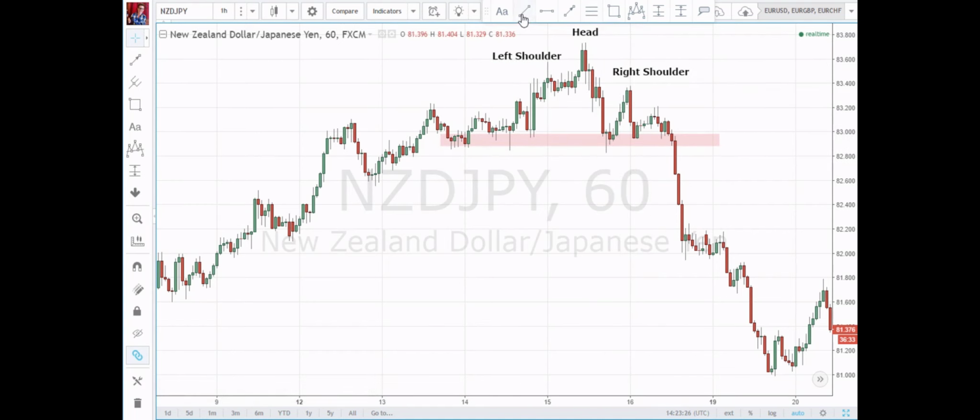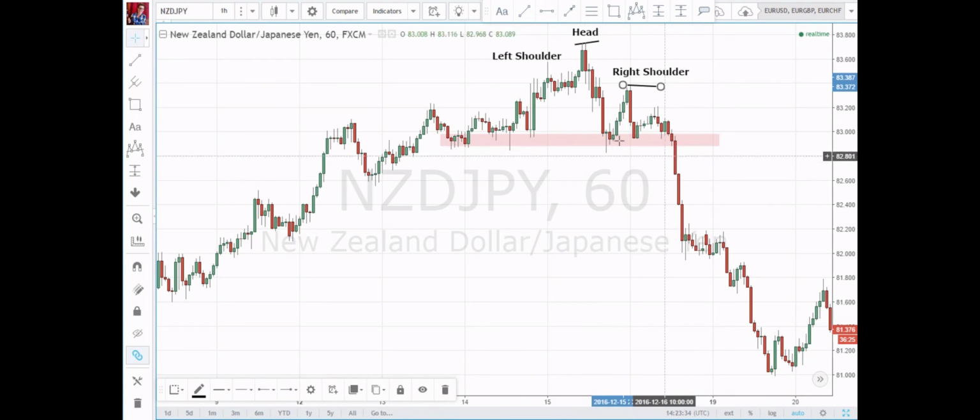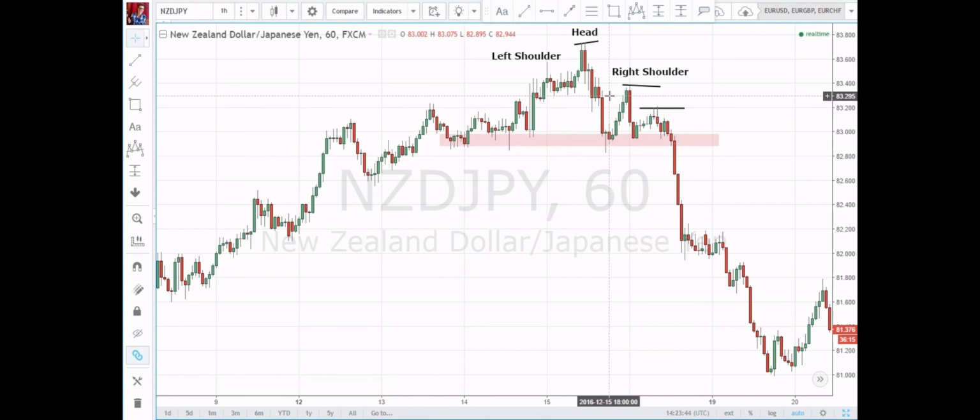Now we are confirming a very strong change in the direction, but we are still missing the final piece to the puzzle, which is then the break of this level, which confirms that we are making lower lows again. Here you can see another failed breakout attempt, and now it is very interesting.